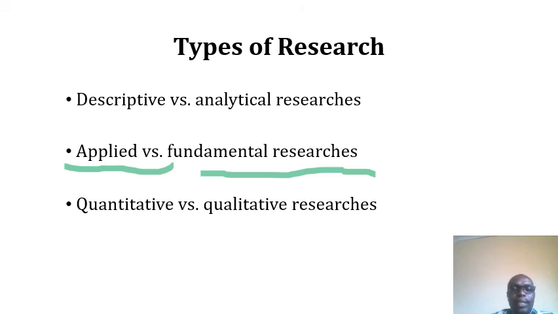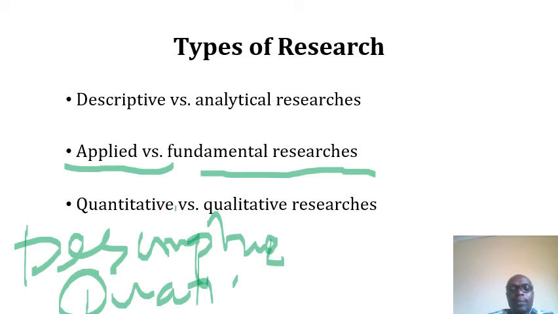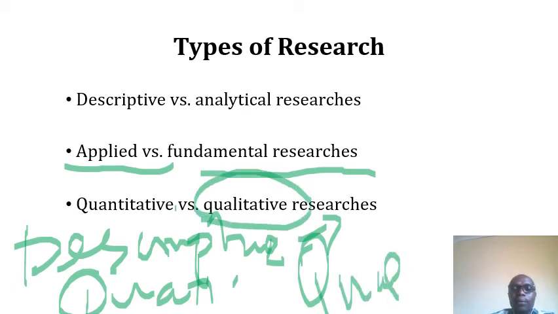Quantitative mostly is meant to give you a description of things, of situation, phenomena, the way they are, and most of the time it quantifies using such methods as questionnaires, whereas qualitative most of the time tends to explain the description given by descriptive statistics.